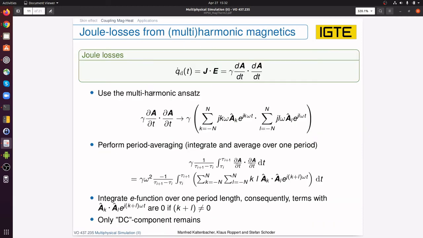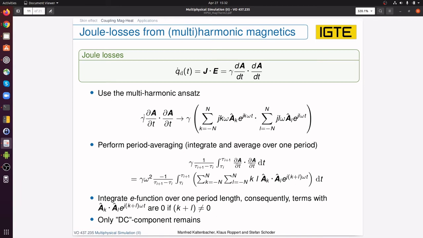How a multi-harmonic electromagnetic simulation with harmonic balancing is actually set up, derived and solved, we've discussed in last week's lecture. So today we'll simply be converting this time domain Joule losses into frequency domain and perform a period averaging on the fly.